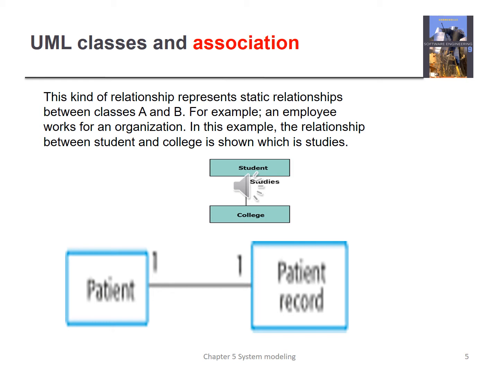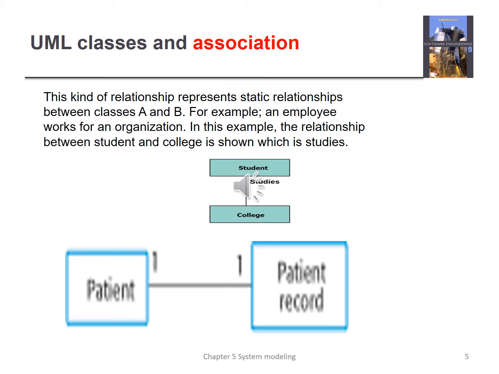A patient has a patient record. So the association here is has. This kind of relation represents a static relation between classes A and B. For example, an employee works in an organization.